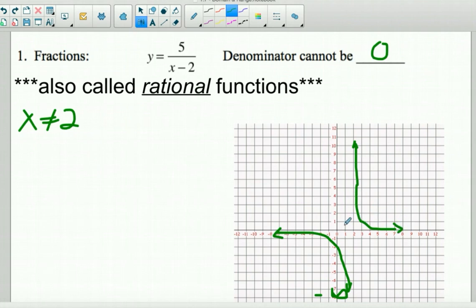It's not that smooth, but that's kind of what it looks like. So for the domain, yes, yes, yes, yes, yes, but then at 2 you don't, and you never could. And then after 2, yes, all the way to the right. And the range was negative infinity, this arrow goes down forever, up until 0, but you never actually hit 0. But then right above 0 you do, all the way up to infinity. So that's how it matches the graph.